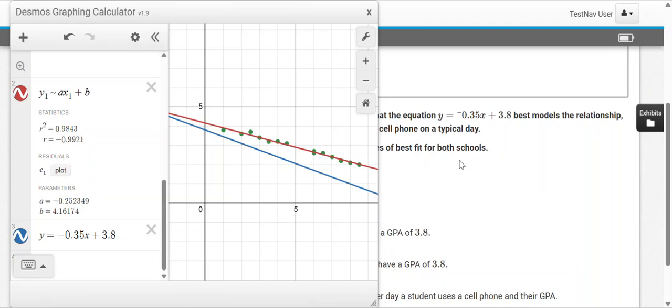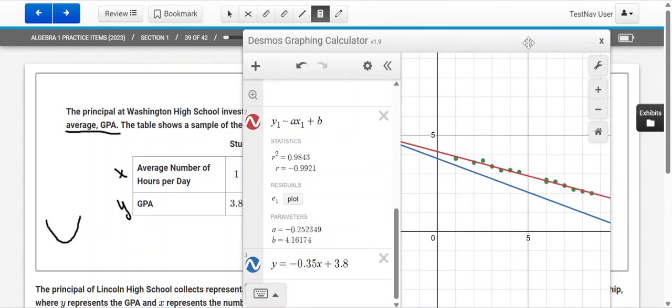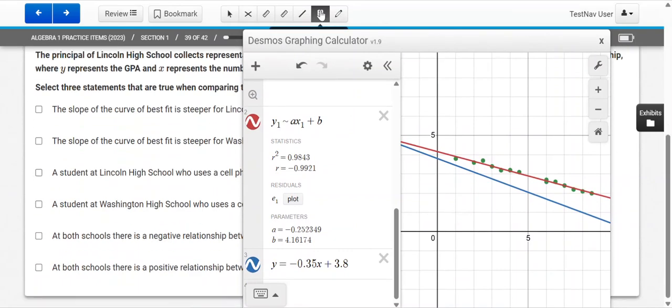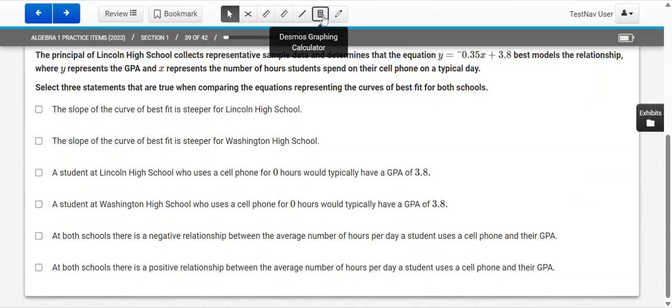Okay, so let's look at what the question is asking. It's asking you to find 3 statements that are true. So let's look at the slope. The slope of the curve is steeper for Lincoln, or is it steeper for Washington?